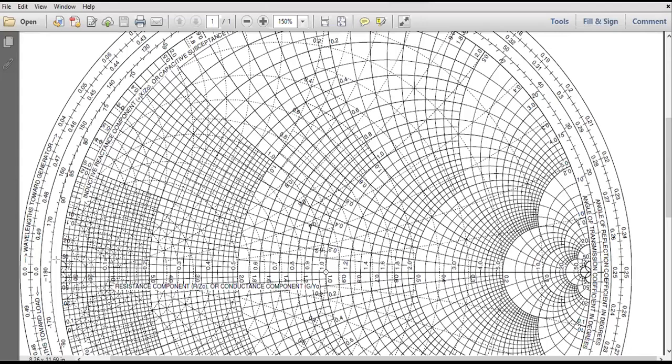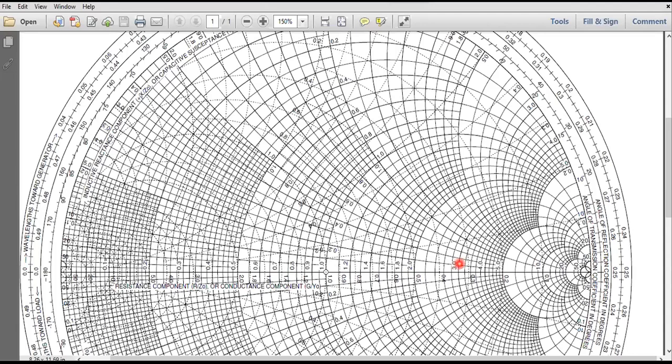The above lines are the real part and the reactance, and the below lines are the susceptance. So they are opposite. The real part starts from 0, 0.1, 0.2, 0.3 and goes on to 3, 4, 5, 10, 20, 50, and here infinity.